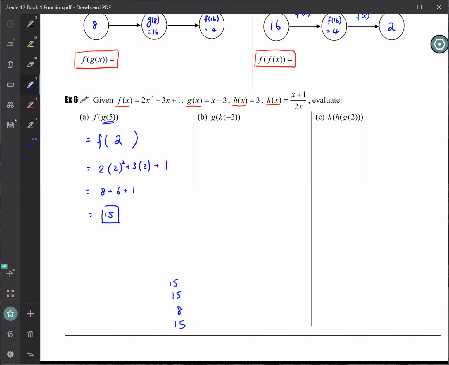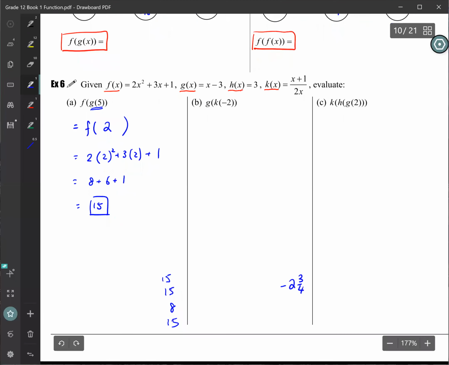Is it negative 2 and 3/4? 2 and 3/4. So we have a fraction here for B. Is that what you mean? Okay. Samantha, what about you?